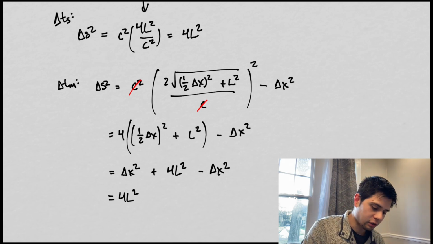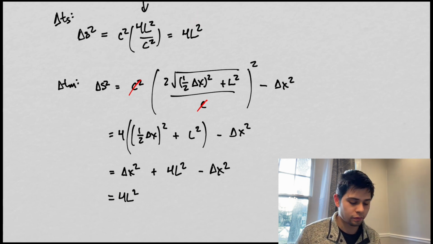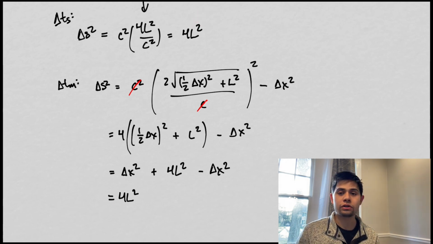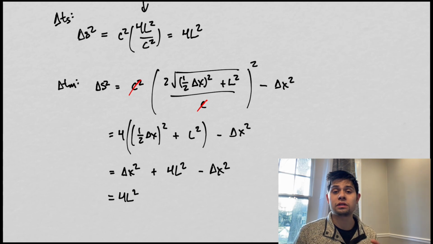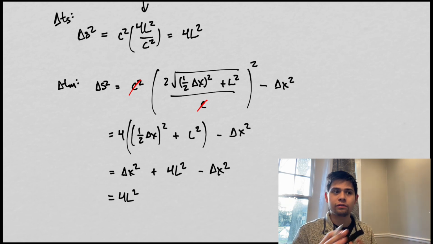Well, if we take a look at this and at this, we can see that we're getting the same answer. So what does this mean? This means that the time dilation formula works in moving frames. It gives us the opportunity to render everything invariant, even if we're moving.